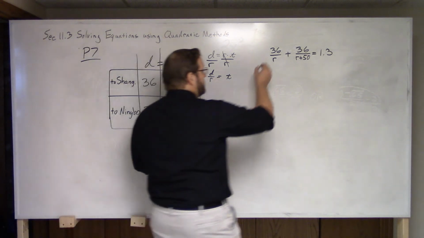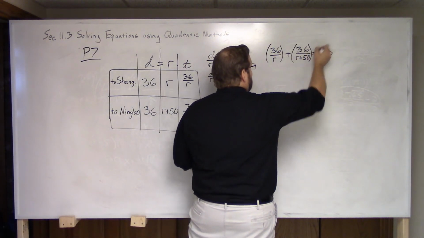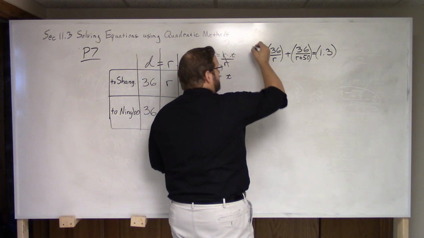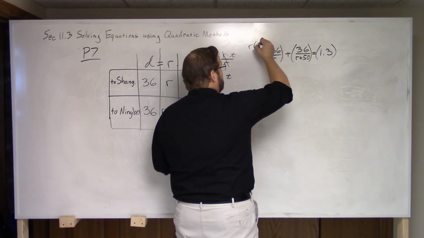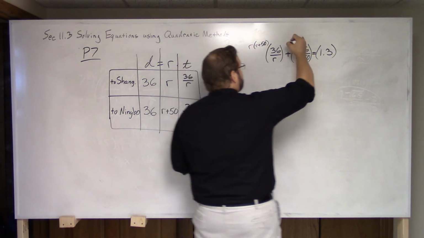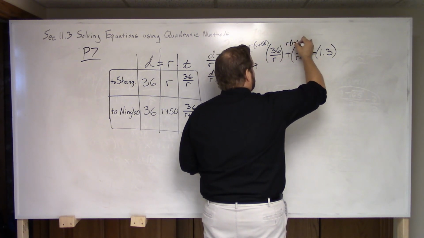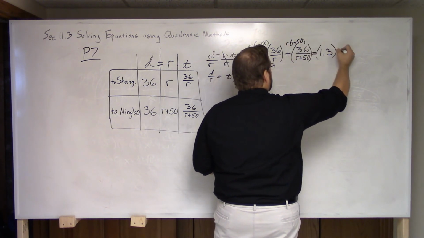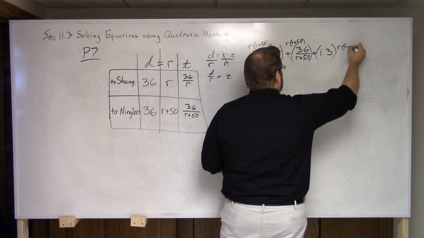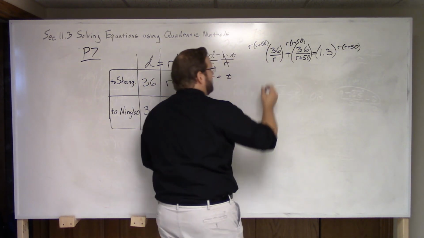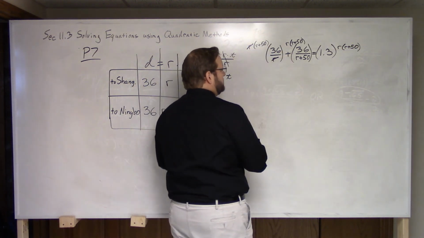So what I'm going to do first is I'm going to clear those fractions. So I'm going to have r times r plus 50, r is gone. Okay?